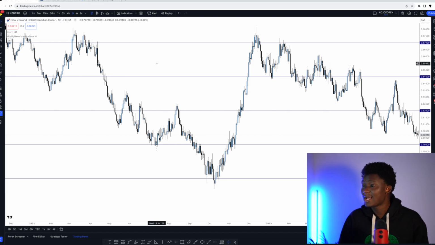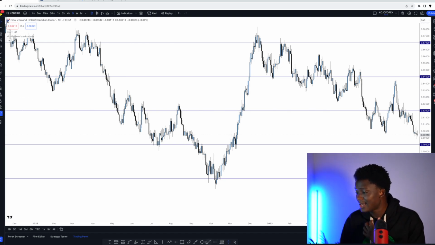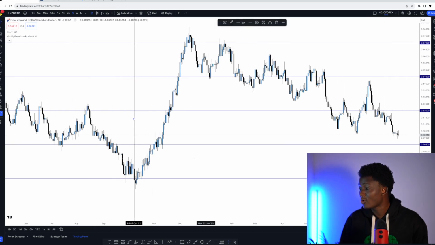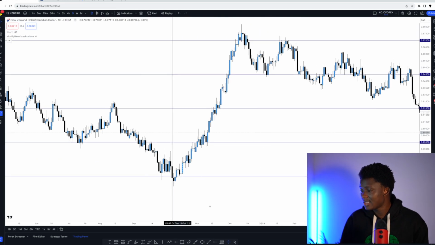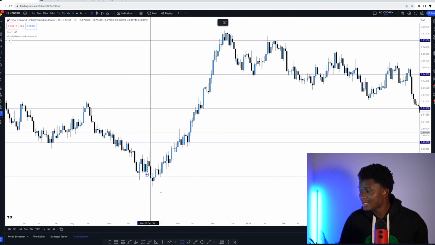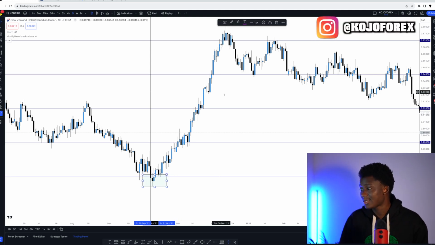Now what I wanted to do here is understand what fundamental majorly drove this market from these lows, right? You can see that this is the region on which the market decided to turn. This is the major turning point of this market before it took off all the way up to the next 1,000 pip region.